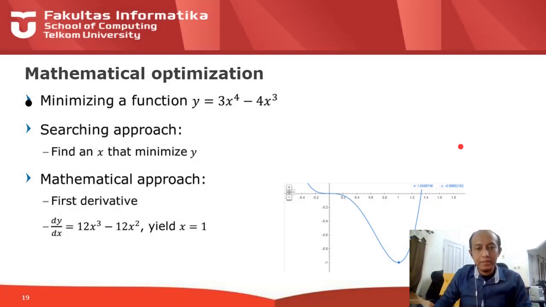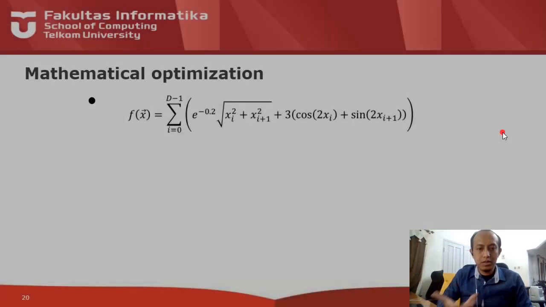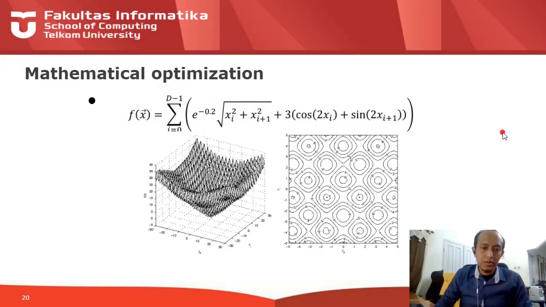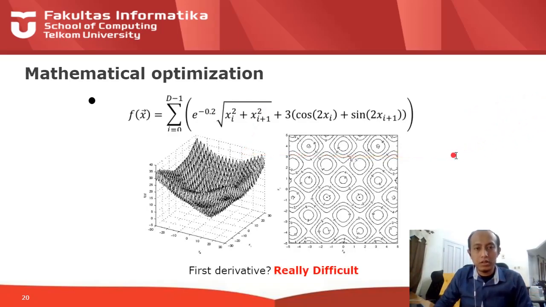Let's take, for example, mathematical optimization, which for simple cases like this can be done by using the first derivative. But what if the equation is more complex? Doing the first derivative here is really difficult.